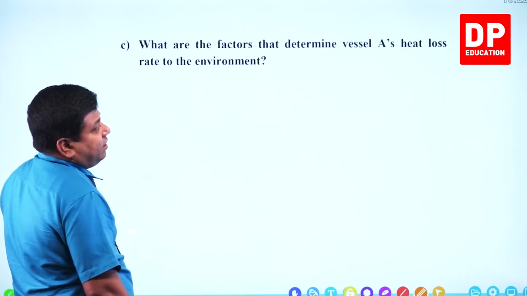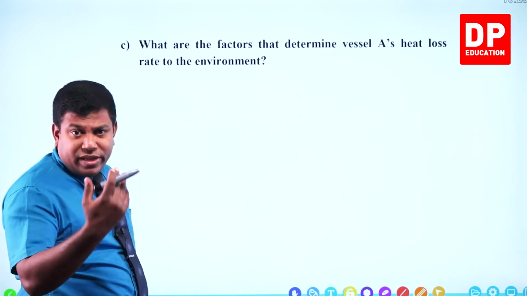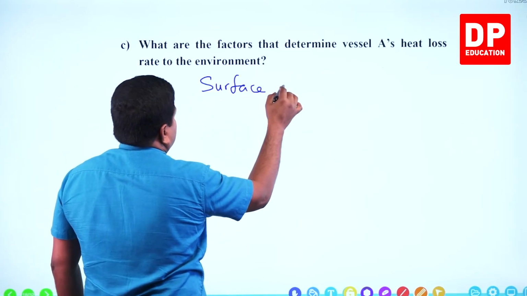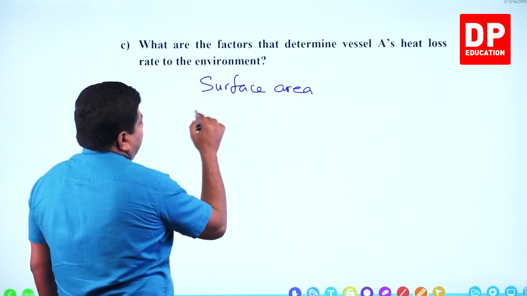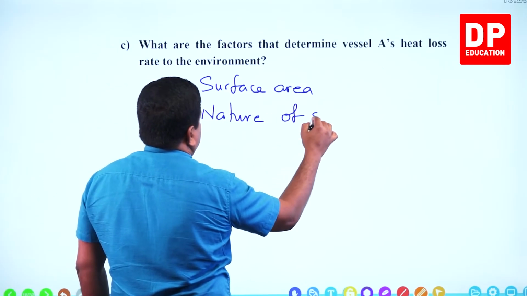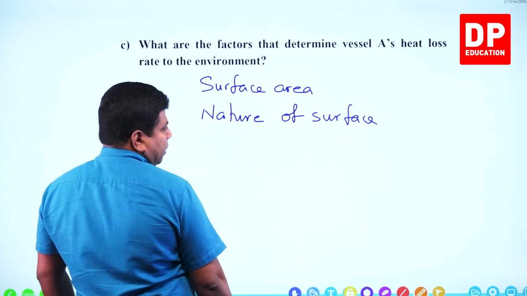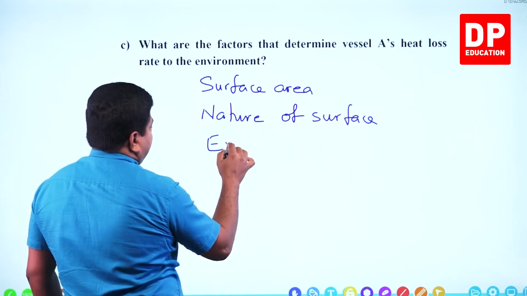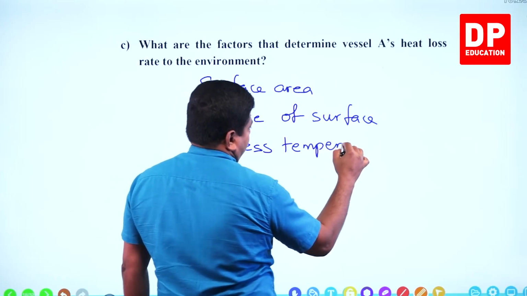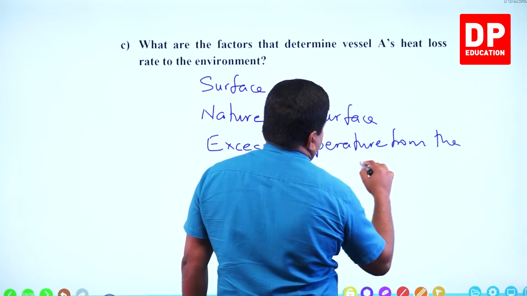What are the factors that determine vessel's heat loss rate to the environment? Same question we had earlier also. Surface area, the nature of surface, then excess temperature from the environment.